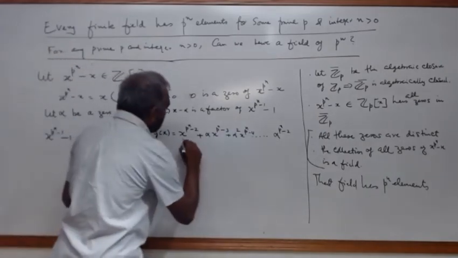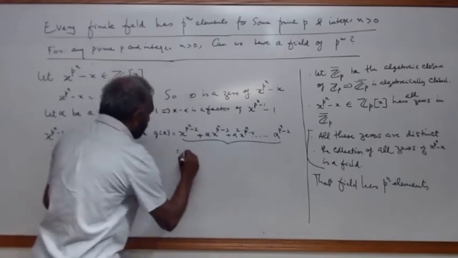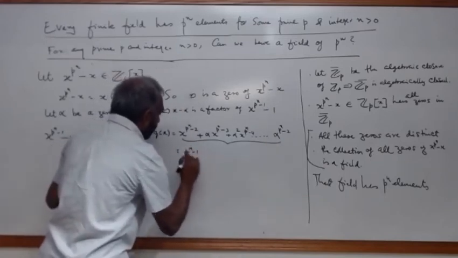There are p to the power of n minus 1 elements.